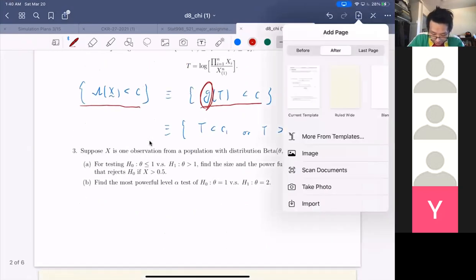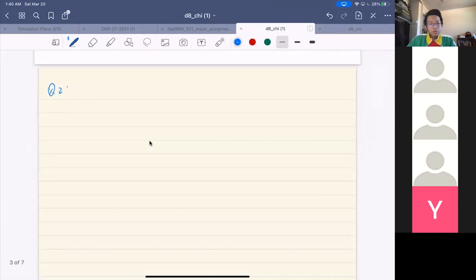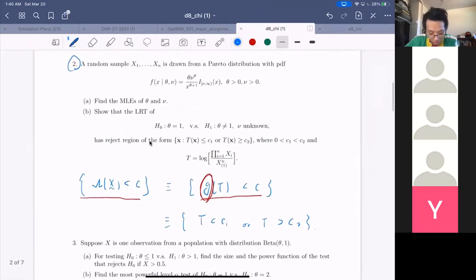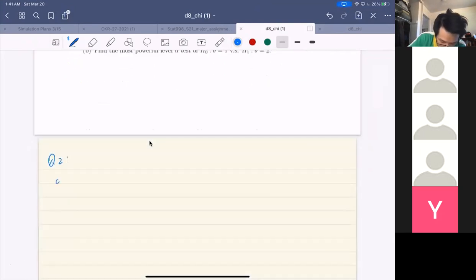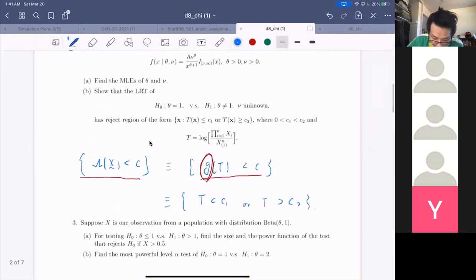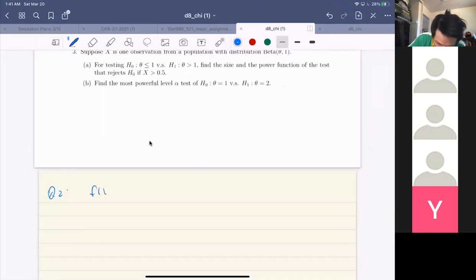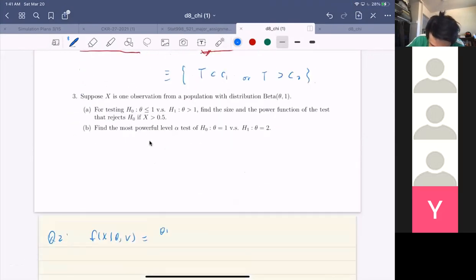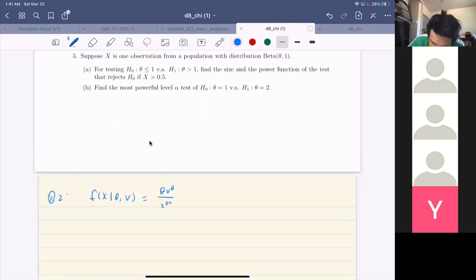Okay, let's go through question 2. So first we have to figure out what the MLE is. And we have the density equal to theta v to the theta divided by x to the theta plus 1.